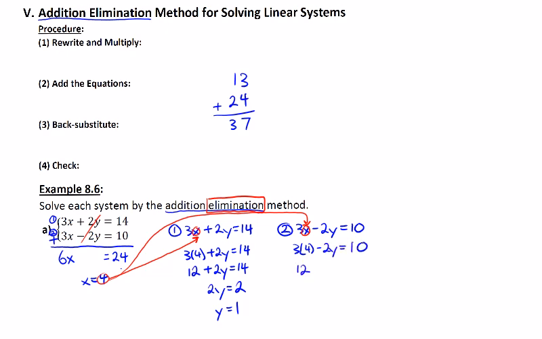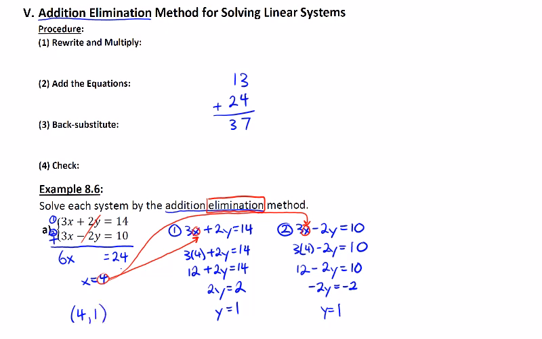So that'll be 12 minus 2y equaling 10. Negative 2y is equal to negative 2, and what do you know? There you go, y must equal 1. So you only have to do one of those two for back substitution. You don't have to do 2 back substitutions. But I wanted to show you that regardless of which equation you pick, you will get the exact same result. So the proposed solution here would be 4, 1.